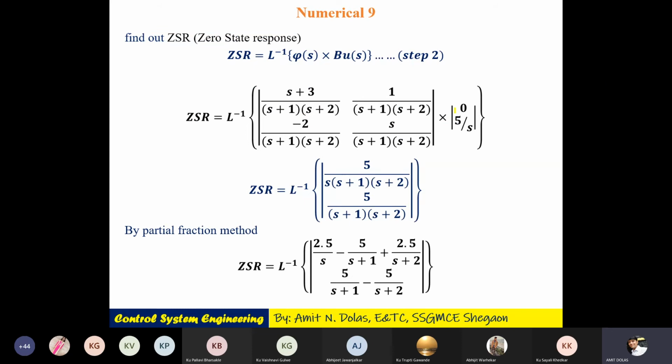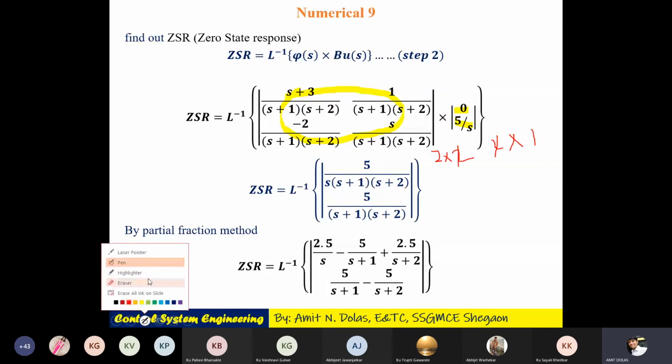Then multiplying this matrix with this matrix, you will get, of course, this is again how much? 2 by 2 matrix. This matrix is 2 by 2 and this matrix is 2 by 1. So final will be 2 by 1. So you're getting only 2 elements here.